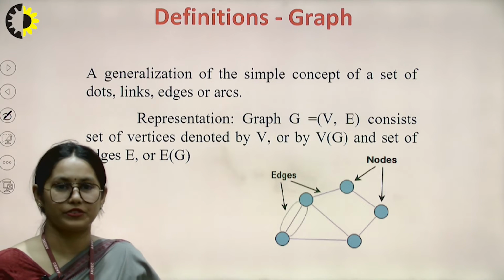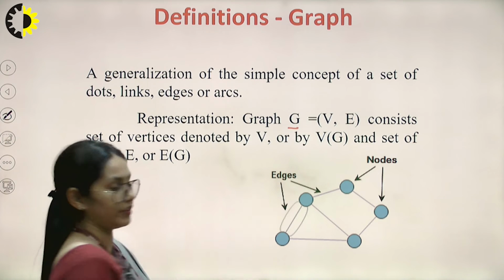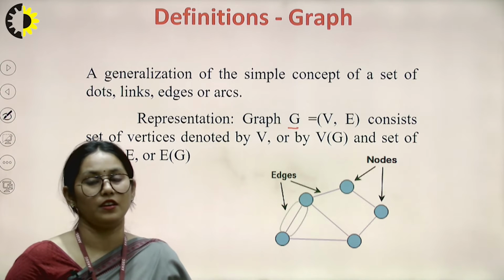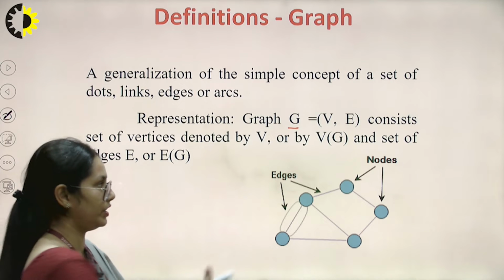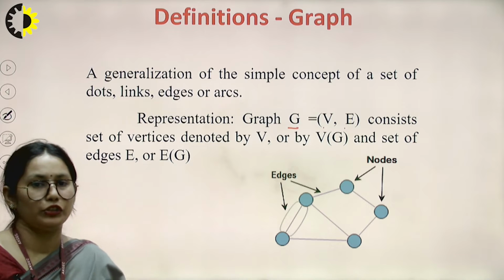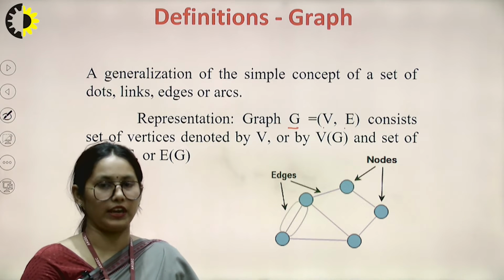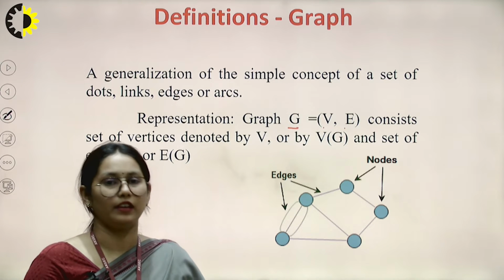How are we going to represent the graph? Graph can be represented this way. G is your graph, and it will have elements inside it as V, that is vertices, and E, that is edges. So here we can write graph G equals the set of vertices and edges.